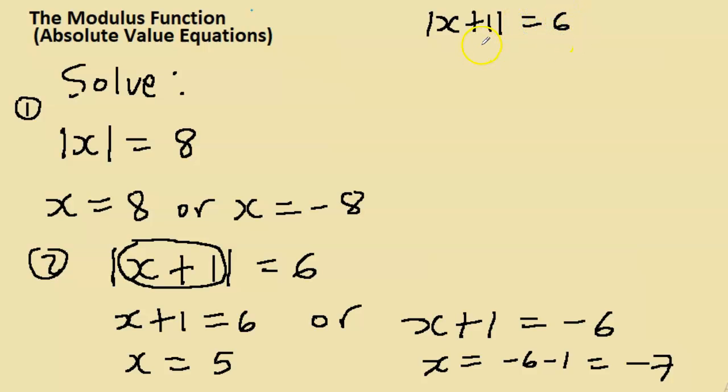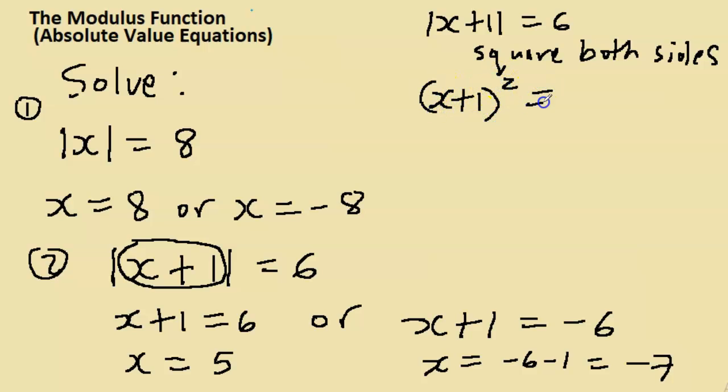One technique you could use is to square both sides. That will get rid of the modulus sign. What we have in the bracket here can either be positive or negative, so you have x plus 1 squared, and squared is definitely positive. So x plus 1 squared equals 6 squared.